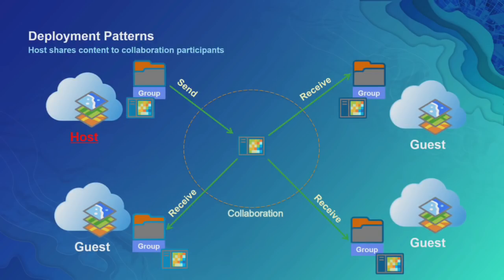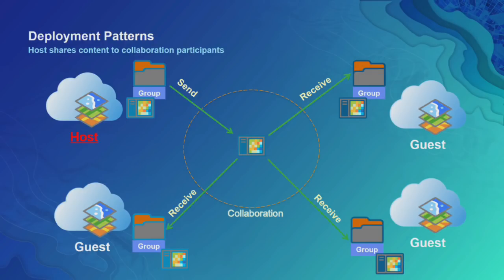So these are just a couple of deployment pattern slides. There are many different scenarios you can think of here. Let's say I have a host organization, say this is ArcGIS Online, and I've created a collaboration and invited 3 different guests to it.